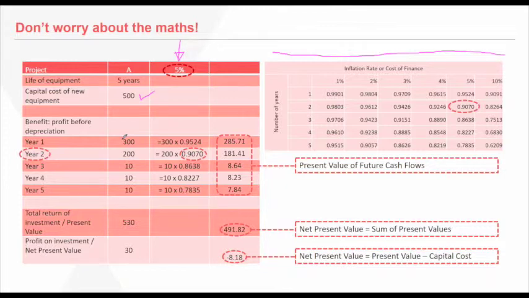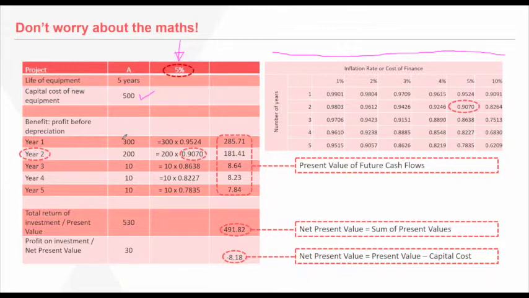And our £300 that we get in 2018 is not quite the same as £300 in 2017. So we've got to reduce it, we've got to discount it. And the same as when we're standing in year two, which could now be the 1st of January 2019, our £200 of inflow is not quite the same as we would have were we standing in 2017. So again, we've got to reduce it.